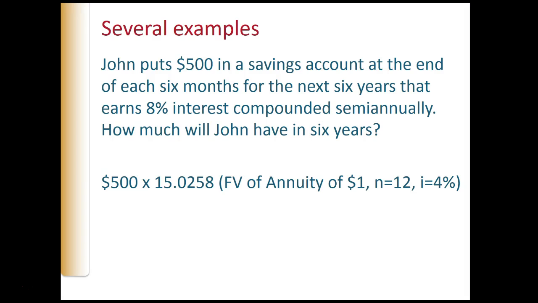So we'll look at 12 periods, where the interest rate, if it's 8% annually, would be 4% semi-annually. So we would go to the factor where n equals 12, i equals 4, and find 15.0258. So that 500 times the 15.0258 gives us $7,513.